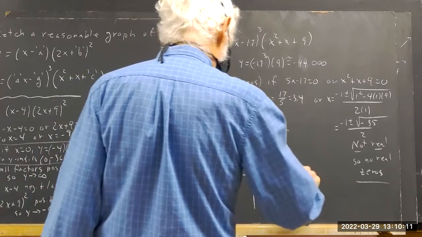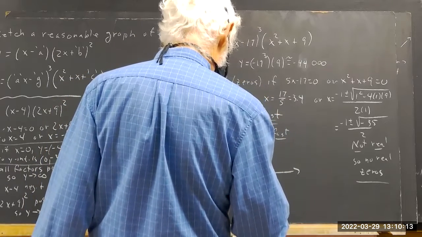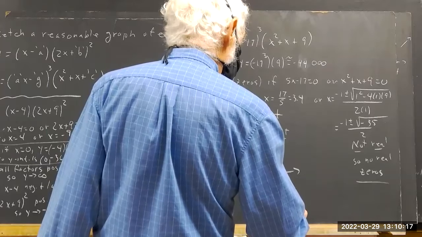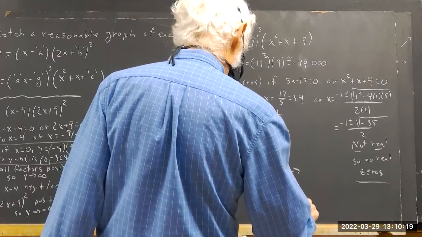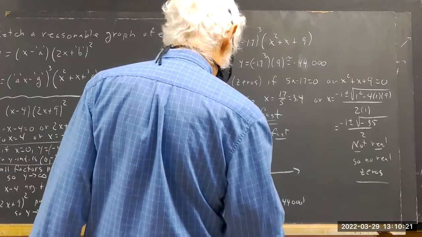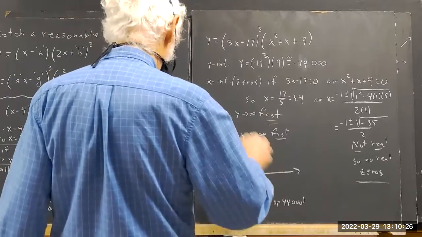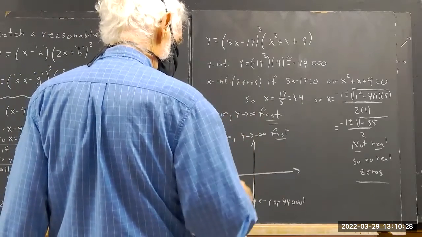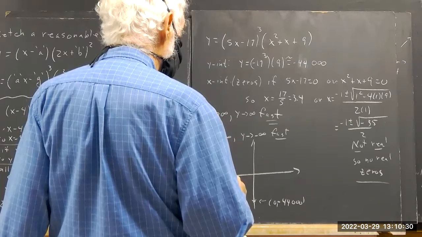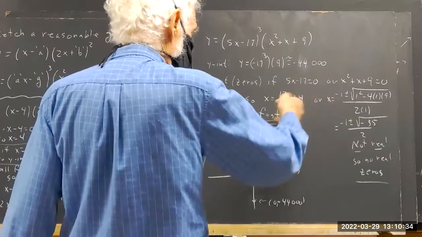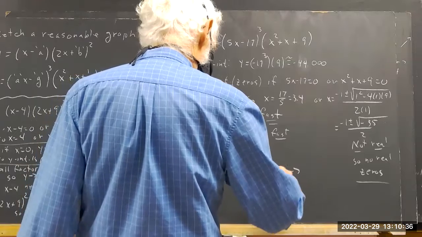So now if we check our graph, here's the point 0, negative 44,000 or something like that. And we have where is it? x equals 3.4.